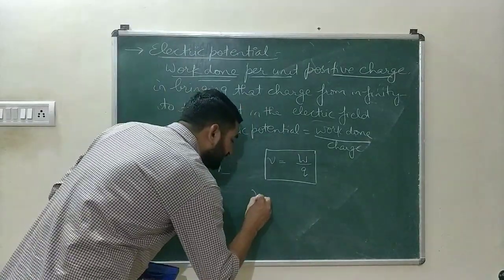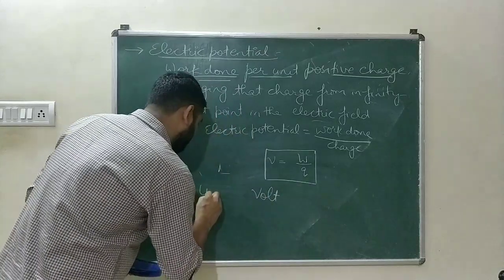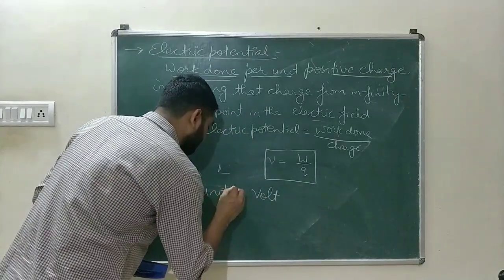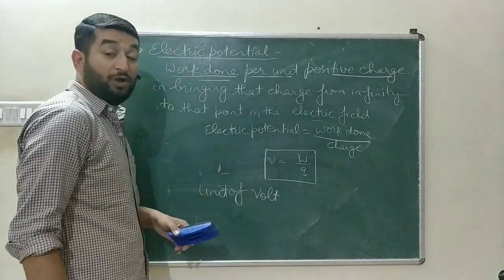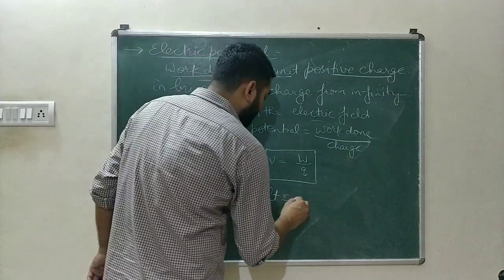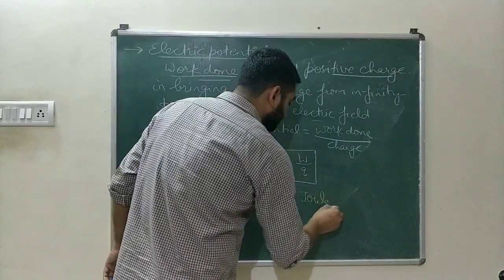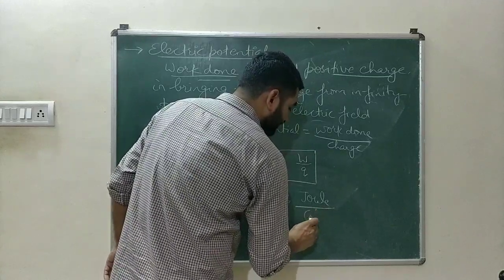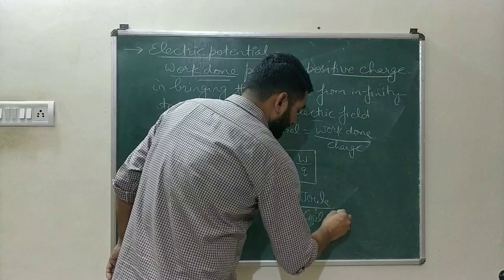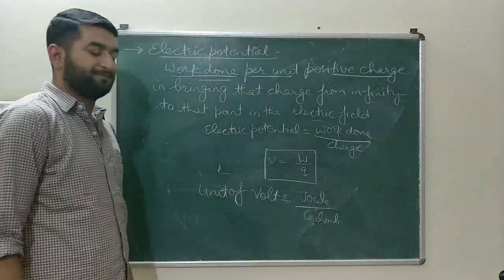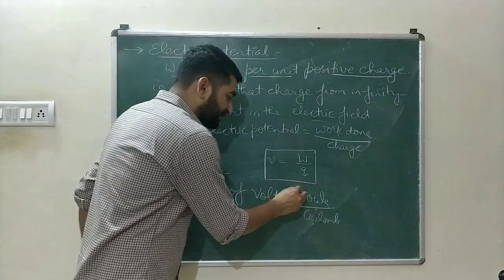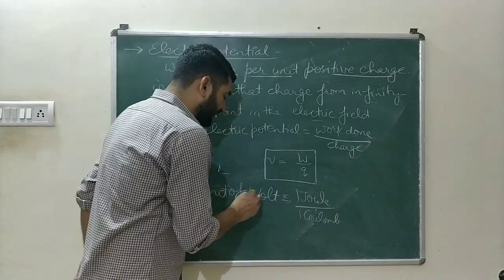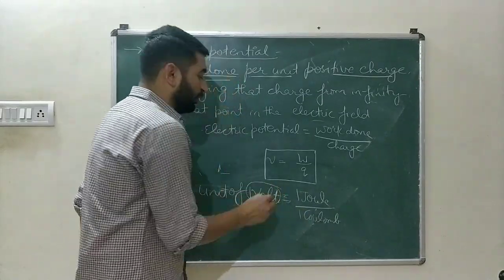The unit of potential difference, or electric potential, is volt. The unit of work done is joule, and the unit of charge is coulomb. If work and charge are both 1, then it will automatically be equal to 1 volt.